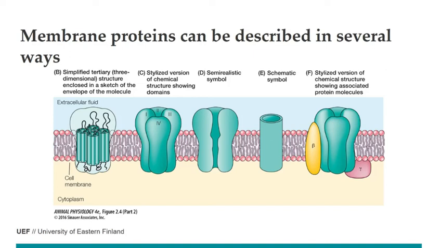Over here we have the tertiary structure, which is a little more messy to describe in terms of how it's working. Then it can be stylized, or even made into a tube going through the membrane, with other areas added describing what kind of beta subunit or gamma subunit we have there. So the same thing can be described in several different ways.